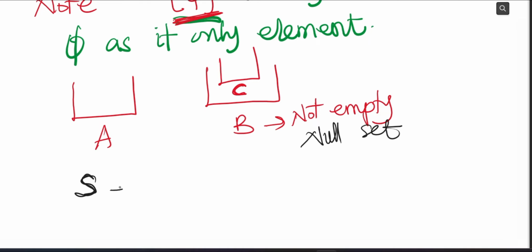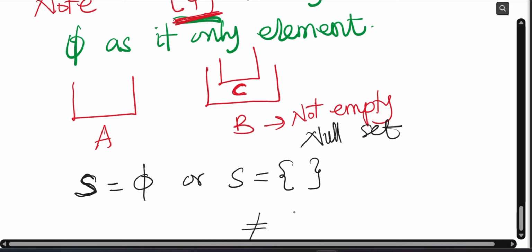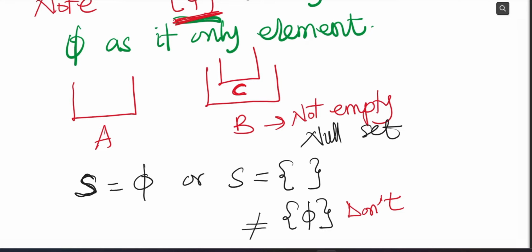If you want to write it, you write either S equal to phi or S equal to just curly brackets containing nothing. And this is not equal to this. Please take notes. Take note of this. It mostly confuses students. Okay.